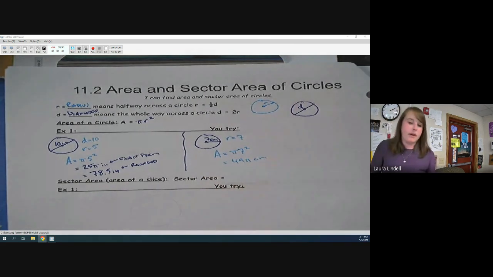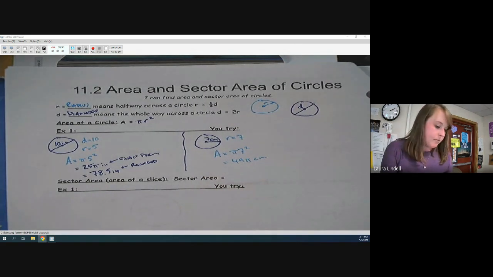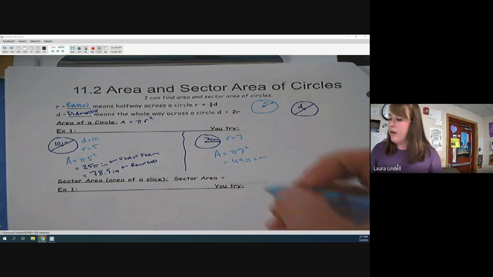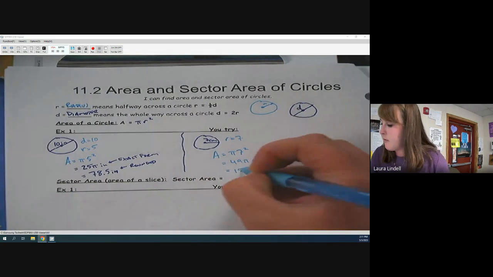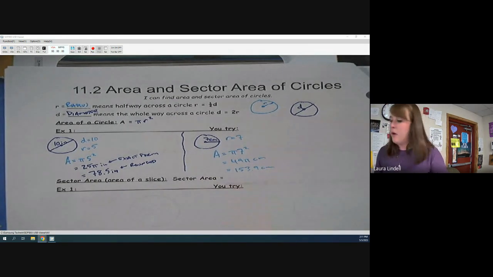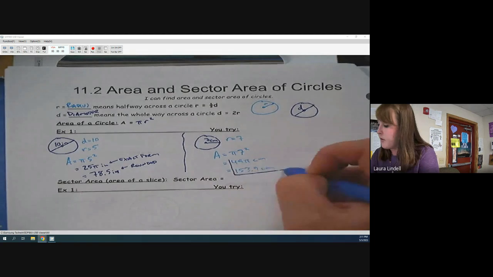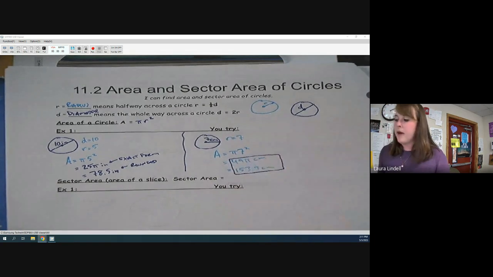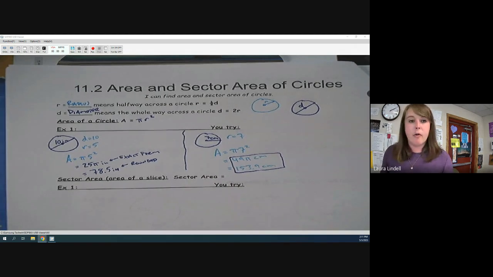But if we typed it into our calculator, we could also get a rounded decimal. If we went 49 times pi, we get 153.9. So those are two possible representations of our answer. Both are correct. One's exact, one's rounded. All right. So that's area, hopefully fairly straightforward.